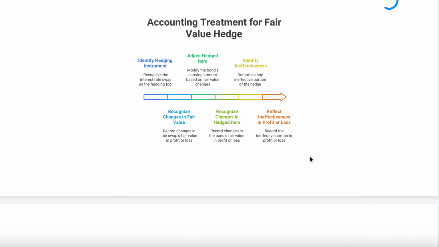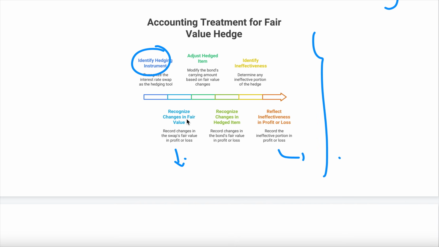Again, if you look at a timeline, you identify the hedged instrument, you recognize the interest rate swap as the hedging tool, you recognize the change in fair value, record changes in the swap's fair value in P&L. Hedged item, modify the bond's carrying amount based on the fair value, and recognize the changes in the hedged item, identify any ineffectiveness, and reflect ineffectiveness in the P&L.